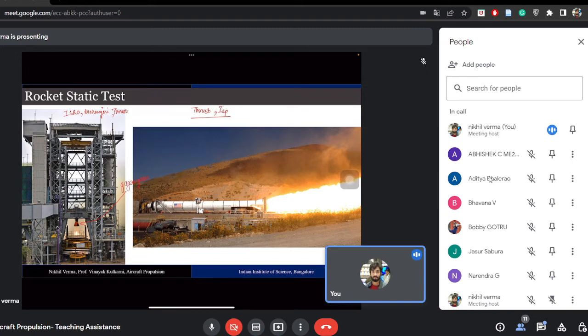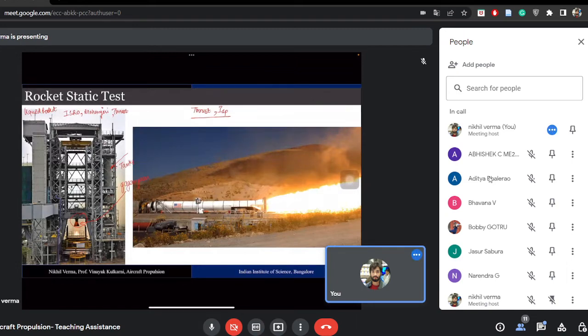So this is how you do the testing for a liquid rocket engine. This is the thrust stand for a liquid rocket engine. At this point, the rocket is stationary. This is the rocket engine, and you have the tanks to supply oxidizer and the fuel.